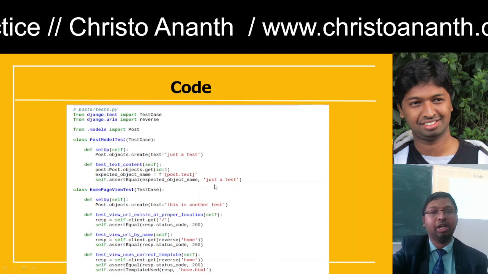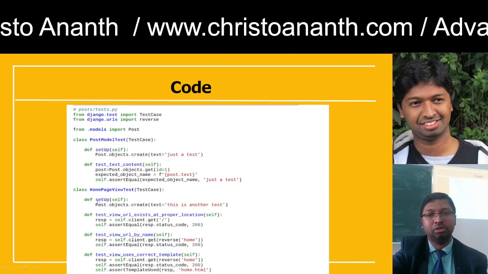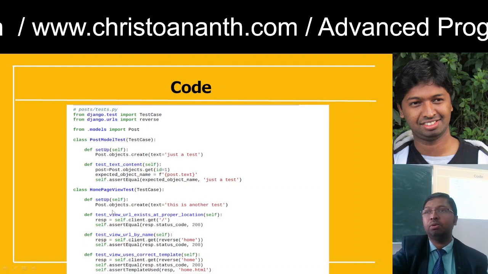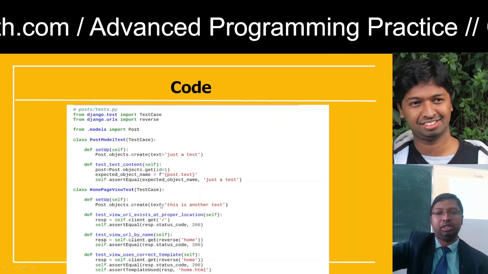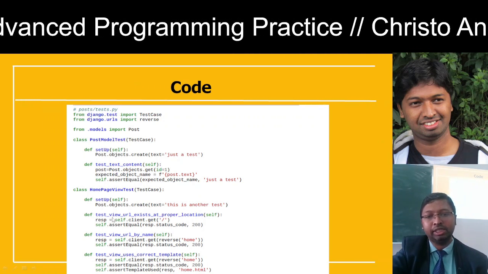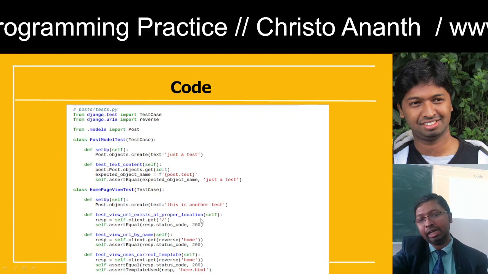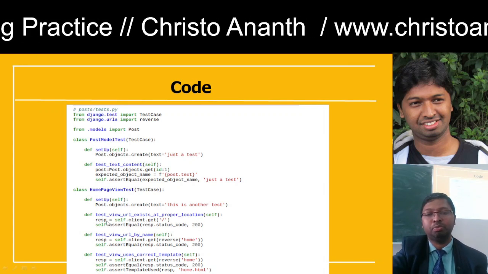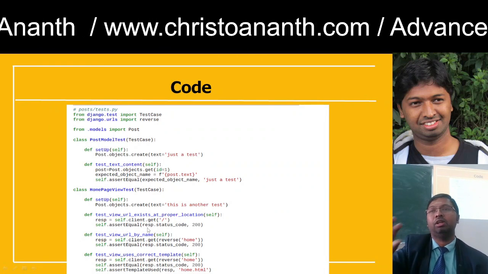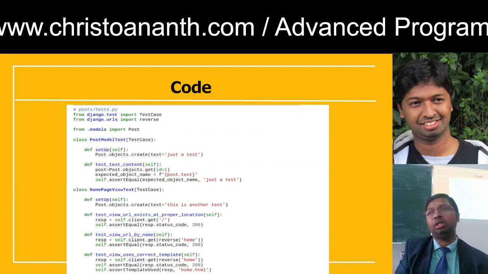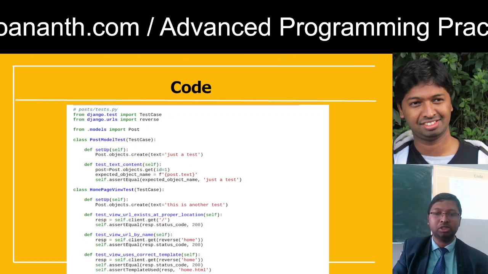And after that you will have the HomePageViewTest. So you will define setUp, Post.objects.create, you will have the text, this is another test. Okay, and define test_view_url_exists_at_proper_location, so the response equal to self.client.get, and self.assertEqual you will be having the HTTP response code which is 200.